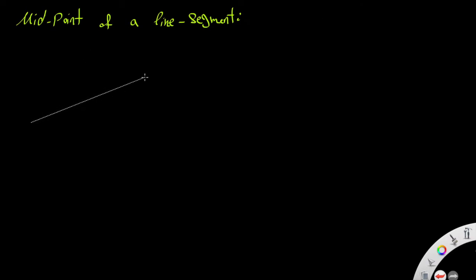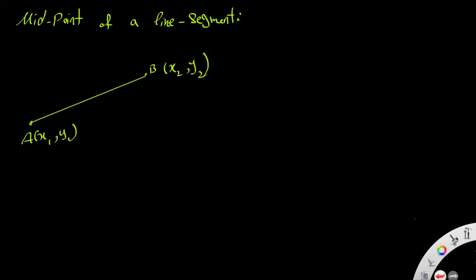The second point we are going to learn in this chapter is to find the coordinates of the midpoint of a line segment. Now, here we have a line segment labeled AB, A of coordinates x1, y1, and B of coordinates x2, y2.